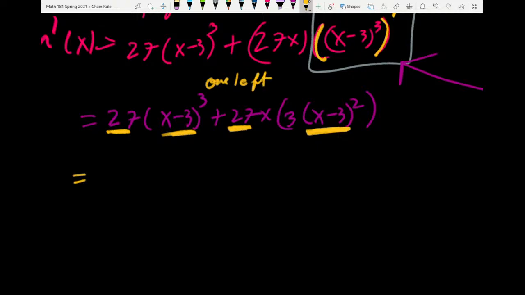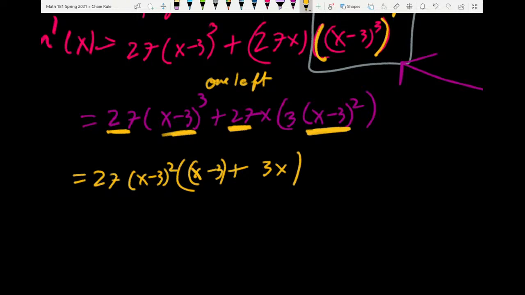So if I factor these out, what do I have left? x minus 3 plus, from here I'm left with 3x. That's it. And if I simplify a little bit more, x plus this is 4x minus 3. Voila, it's done.